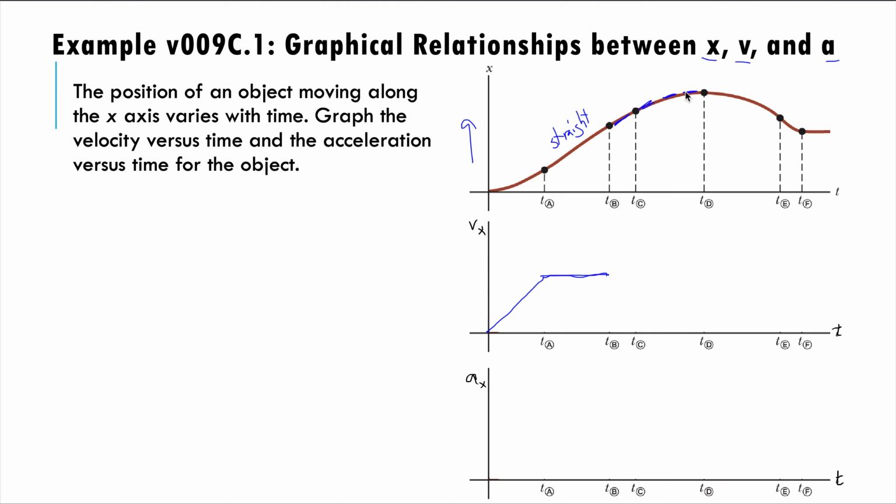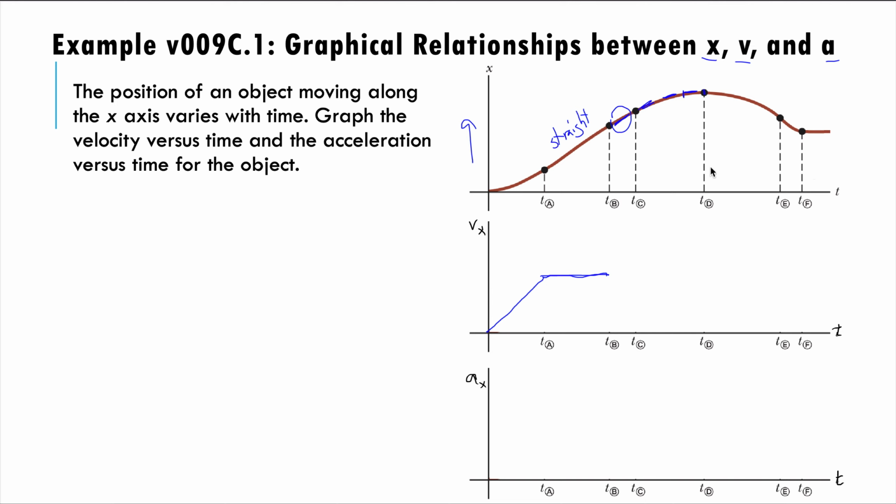That means it's taking more and more time to cover a certain distance. So we're actually slowing down. Now, it might be hard to tell if we're slowing down at the same rate here that we are here, but it turns out that we are. So we are just going to be slowing down until we stop.